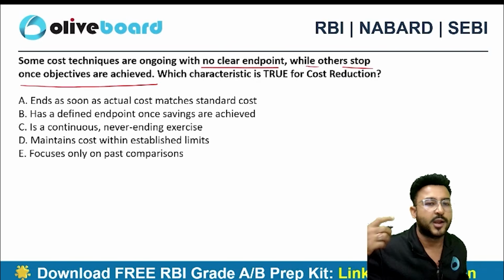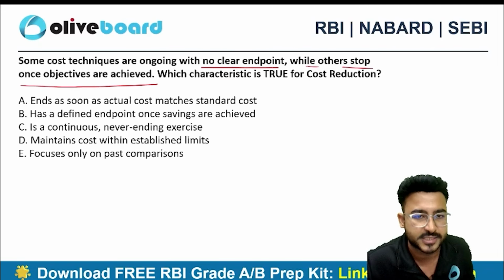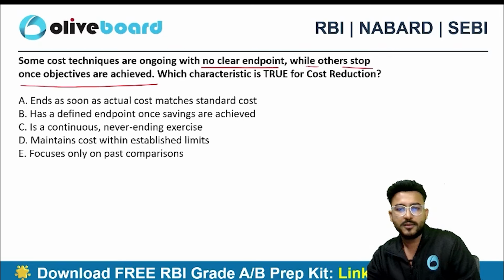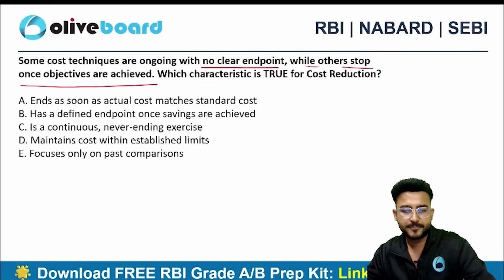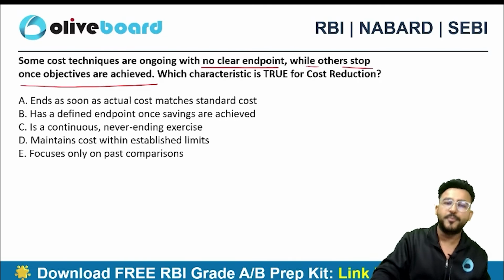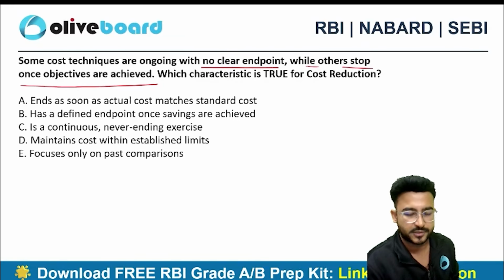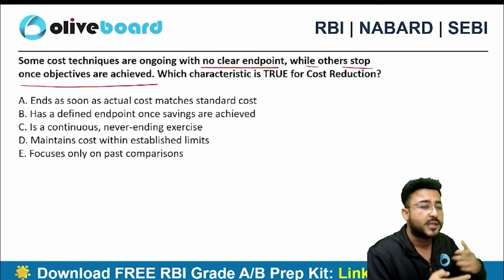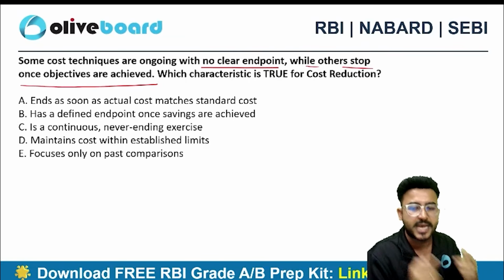Option A, ends as soon as the actual cost matches the standard cost. Option B, has a defined endpoint once savings are achieved. Option C, it is a continuous, never-ending exercise. Big hint.